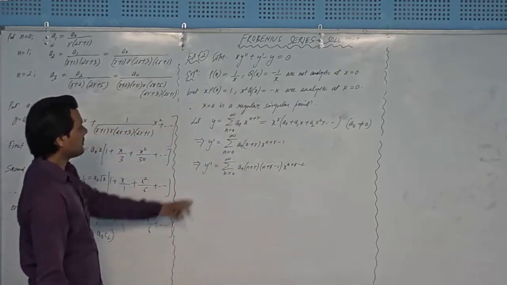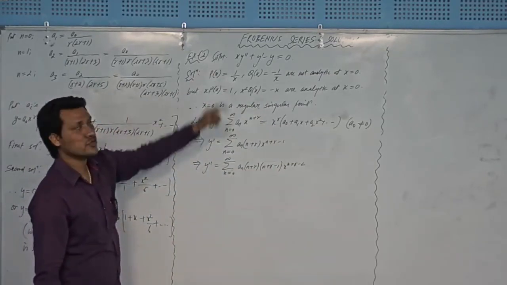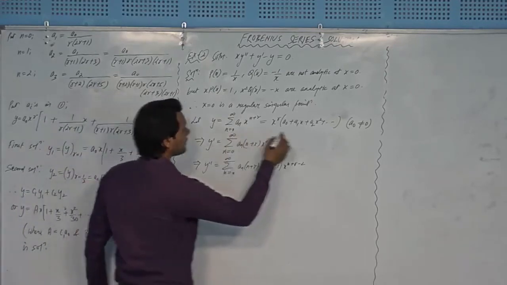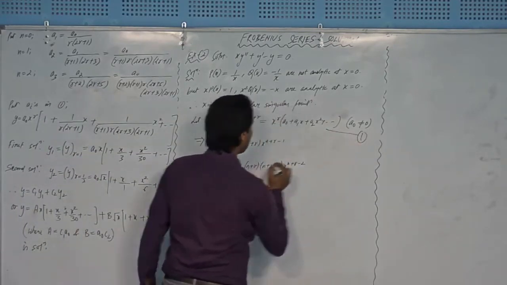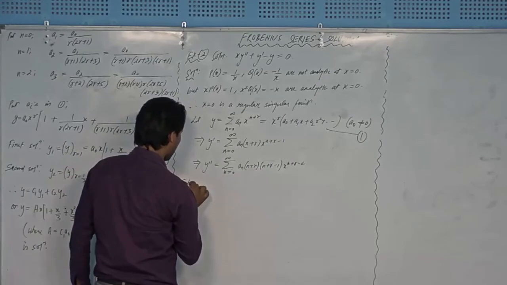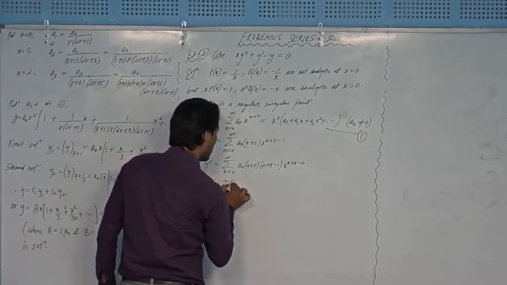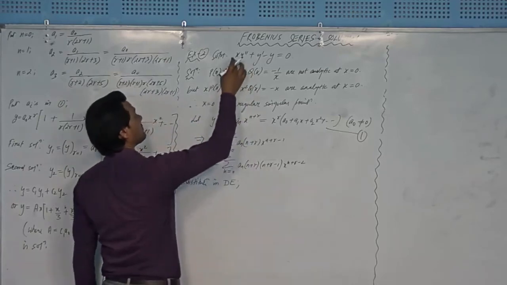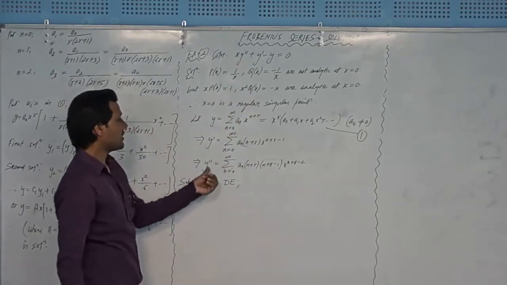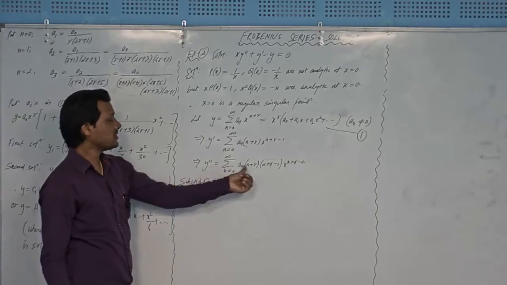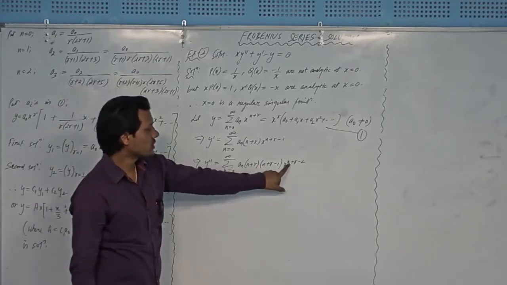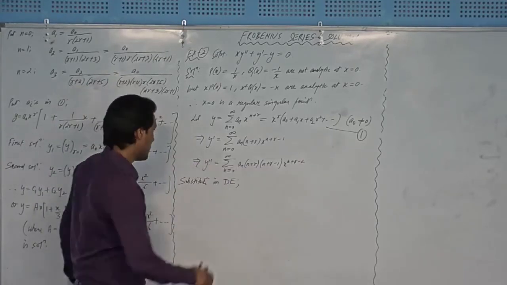I will plug those values into my differential equation, and I will assume that this is my equation number 1. Substitute these derivatives in the given differential equation. So x multiplied with y'': I multiply the second derivative with x, and that reduces the power of x to n + r - 1.